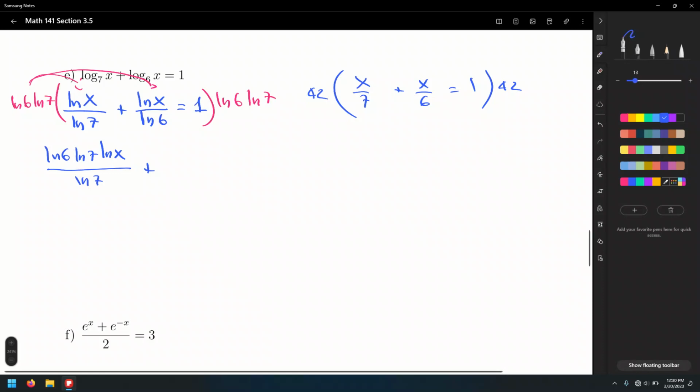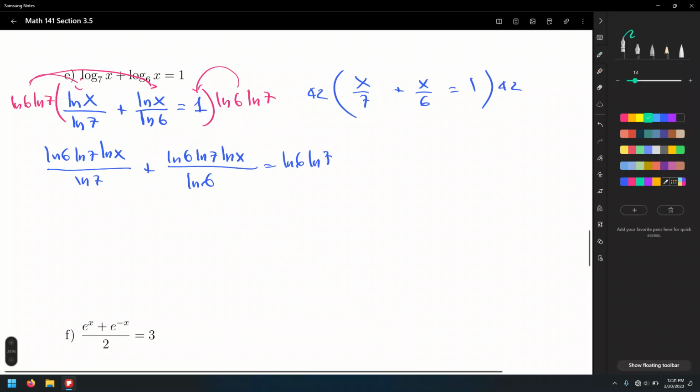And that's going to leave us with the product of three logarithms. That is ln of 6 again, ln of 7, and ln of x. And the whole thing divided by this denominator we had from before, which is ln of 6. That equals, do the distribution on the right hand side, 1 times ln of 6 times ln of 7.